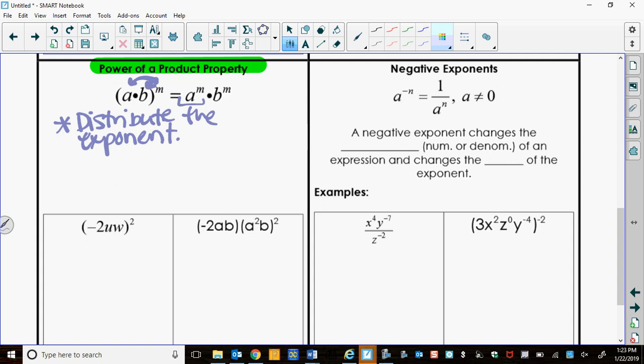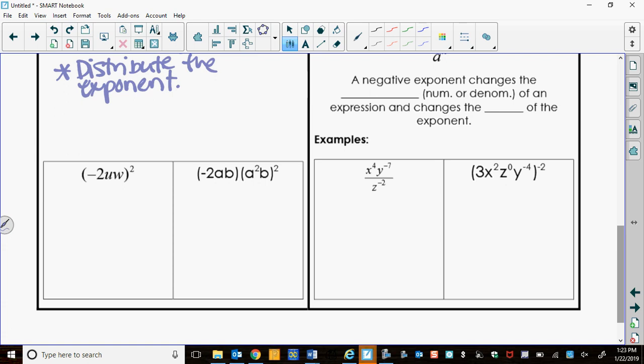Okay, so let's look at our practice problems here so you can see where it's coming from. Really quickly, I want to show you guys the long version so that you can see, if we didn't have these rules, what would you have to do? So, for example, in this case, for the first one, I have the -2 times u times w.